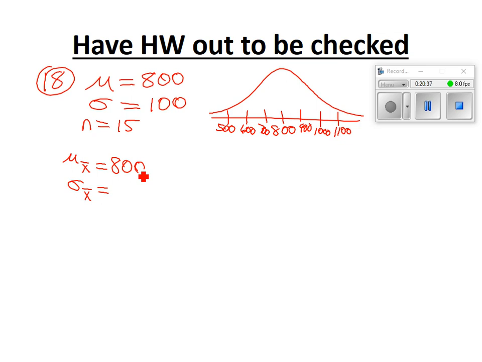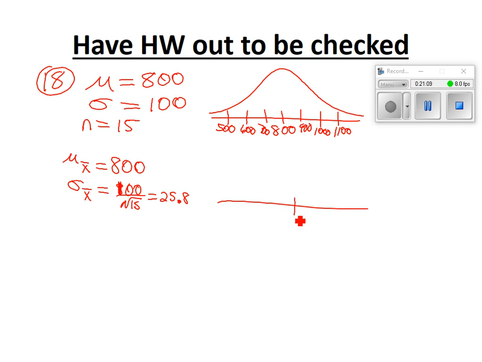How do we find the sample standard deviation? 100 divided by the square root of 15. 25.8. Now watch what happens. This is where I usually don't draw the graph like I should. What number is going to go in the middle?